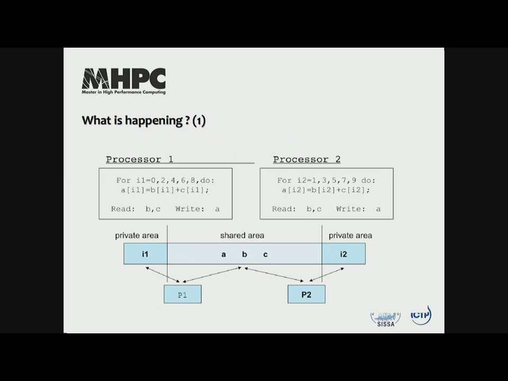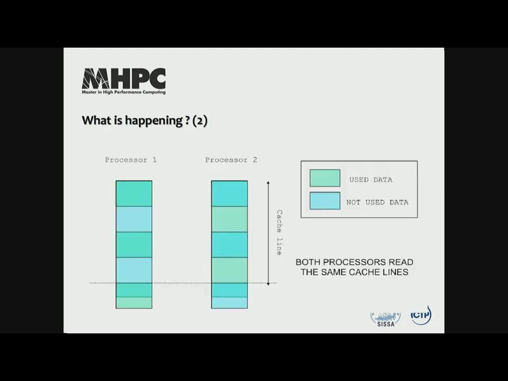You have to read B and C and write A, with processor 1 and processor 2. The point is that the colors are quite similar here on the screen, though on my slide they are a little better. What is happening is that when you need something, processor 1 reads the entire line and does something, then processor 2 reads the entire line again, because it is just one element away.